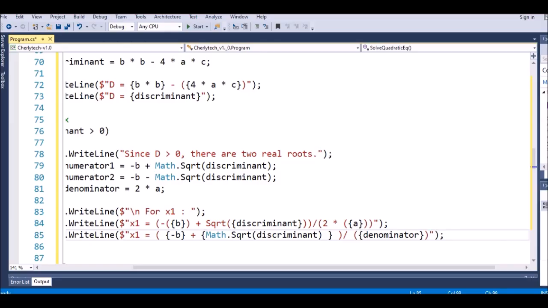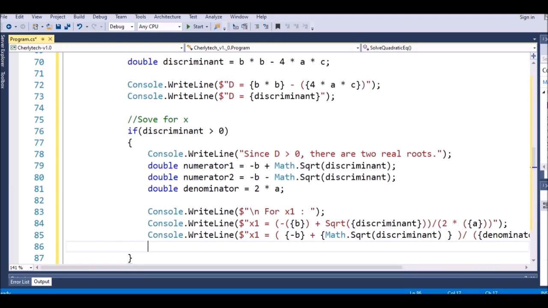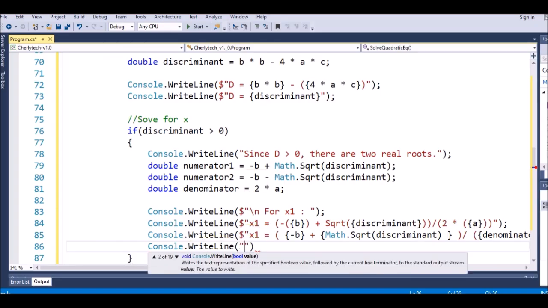So we go the next for x1, console dot write and here.